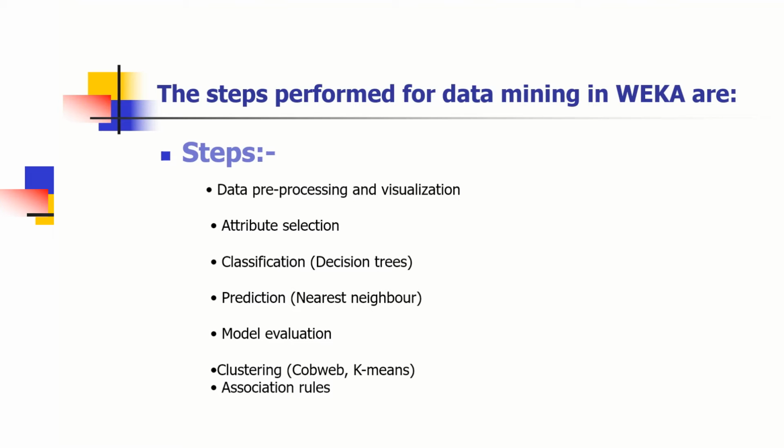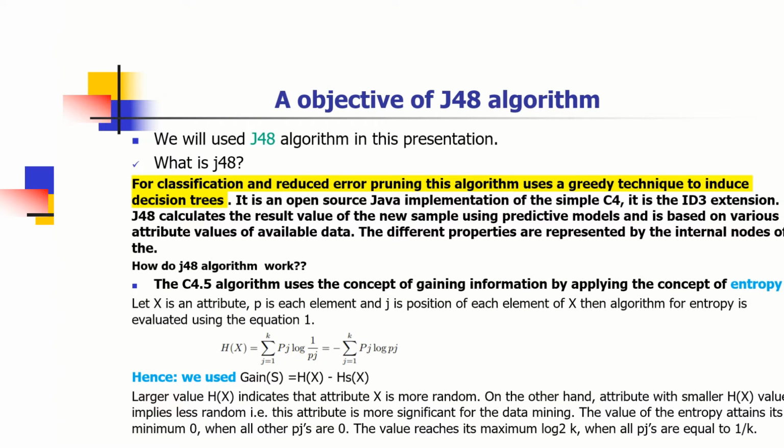Step 1, data pre-processing. Step 2, attribute selection. Step 3, classification, such as decision tree. Step 4, reduction. Step 5, model evaluation. Step 6, clustering and association rules.